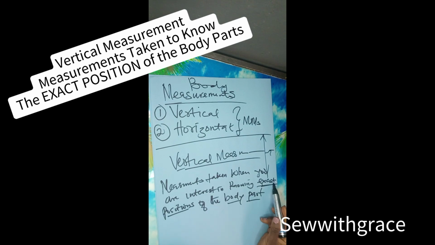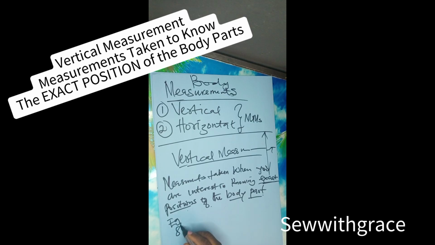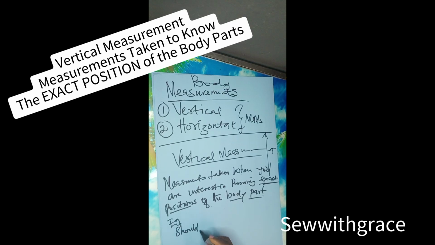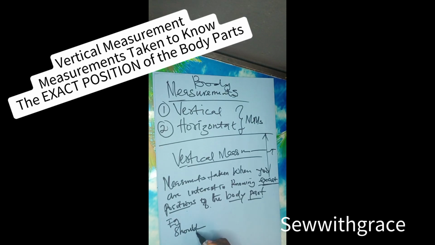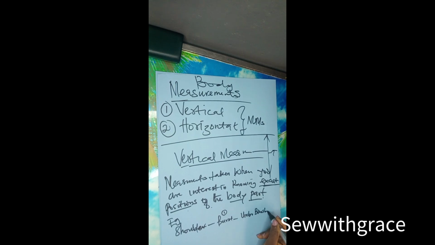So you want to know the exact positions of the body parts, and you're also interested in knowing the length. I'm going to give us examples, when you are taking shoulder to the bust, that's one. Shoulder to under bust, that's two.